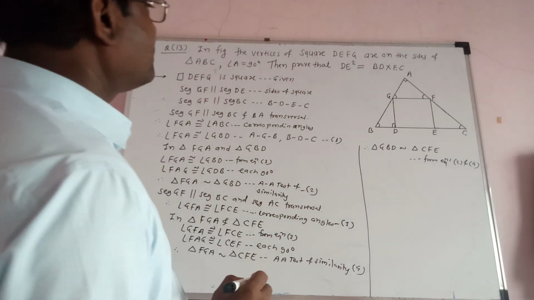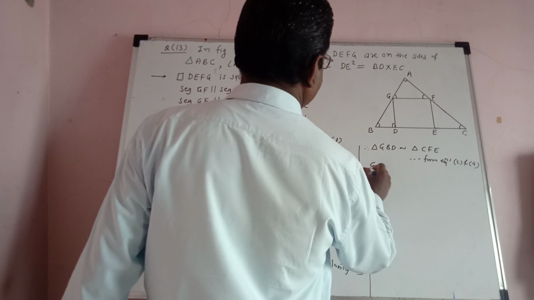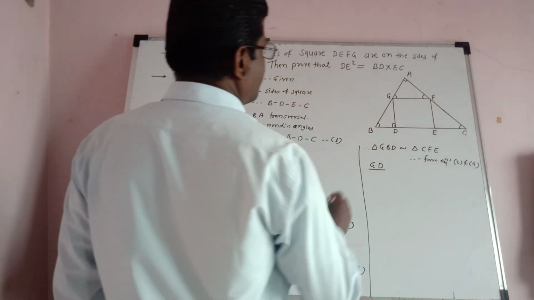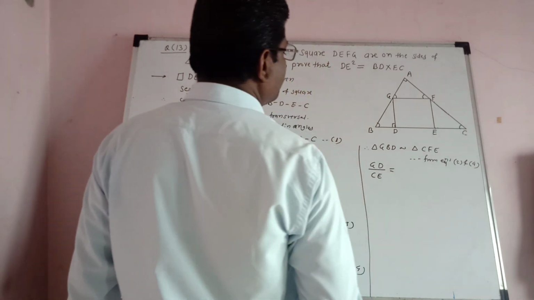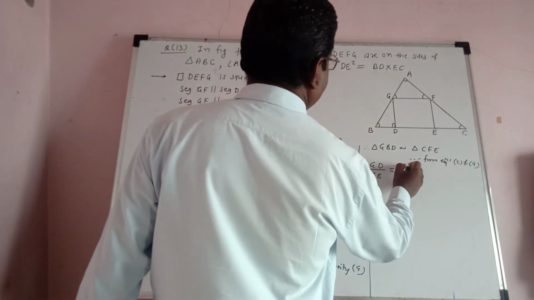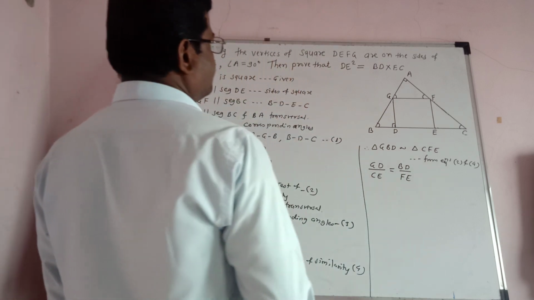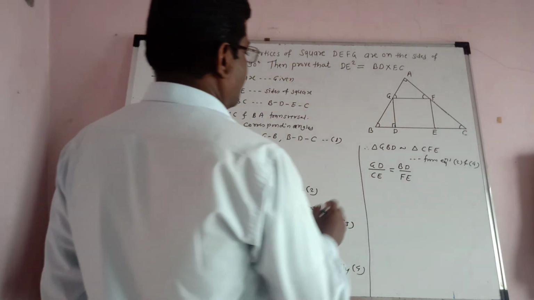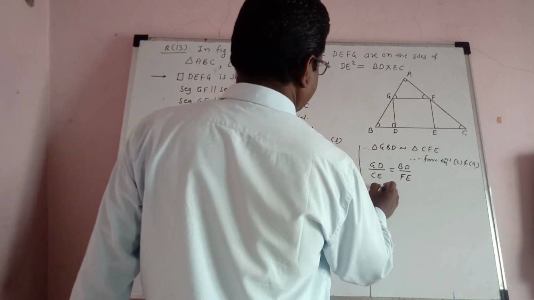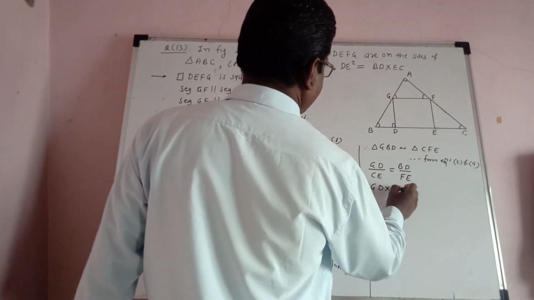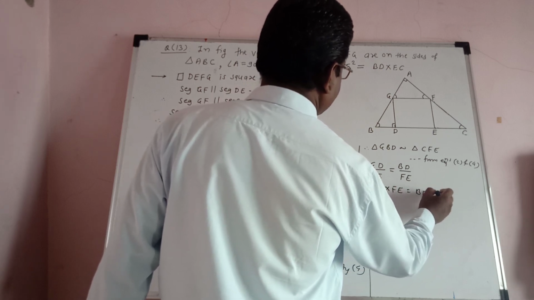Now take ratios. GD upon CE is equal to BD upon FE. Cross multiplication: GD into FE is equal to BD into CE.